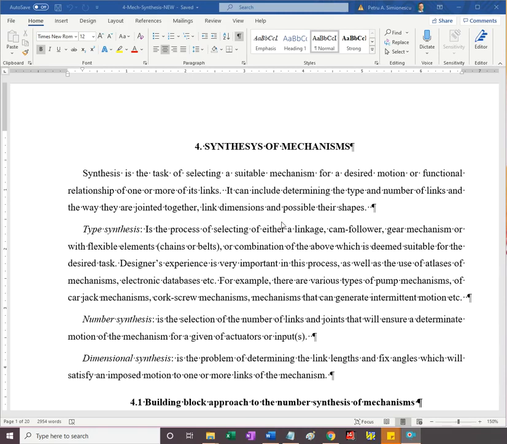Okay, so type synthesis, selecting the linkage or other linkages, cam follower, gears, or combinations suitable for desired task. And this is where knowledge of existing mechanical systems is useful. And in general, experience.